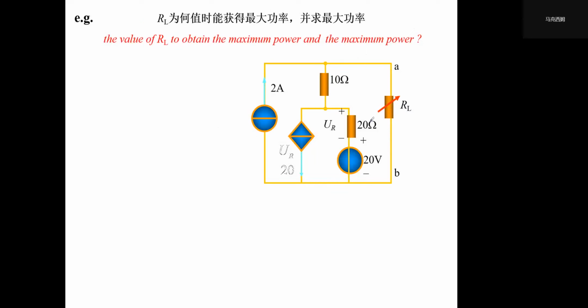So let's see the value of RL when it will reach this maximum power, and what its maximum power is. In this case, we have a load R load here, and we can use the Thevenin transformation to calculate it. So we can cut off this branch and do the equivalent transfer of the rest of the circuit into its Thevenin form.